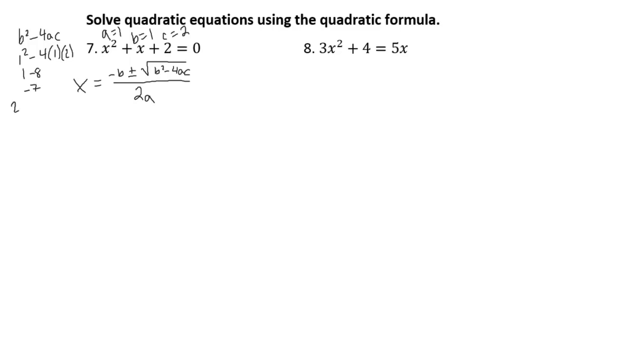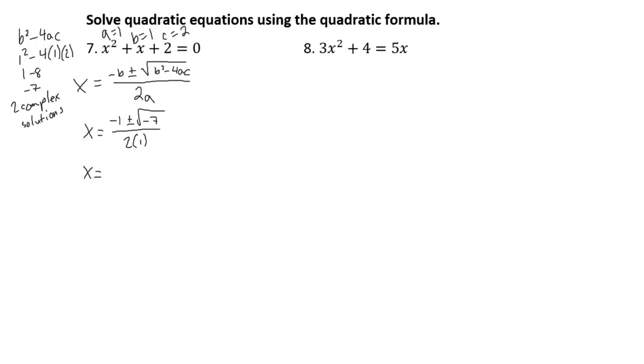So this is going to give us 2 complex solutions because it's less than 0. All right, so we get x equals the opposite of b plus or minus the square root of negative 7 all over 2 times 1.